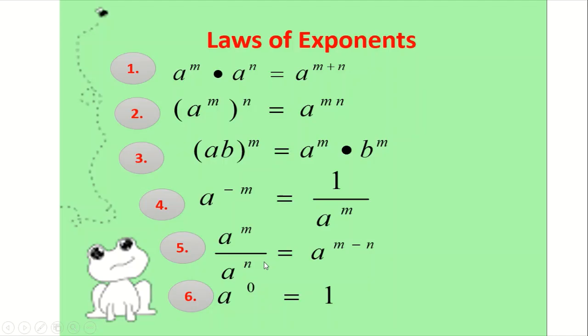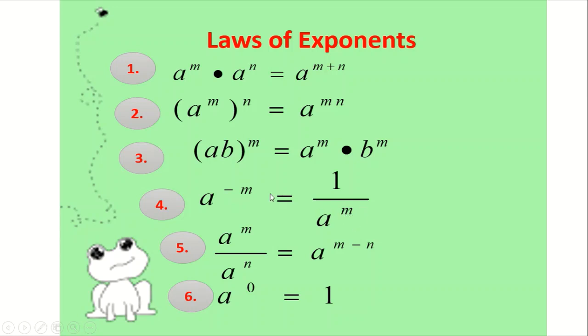Alright? So to sum it up, ito yung mga laws of exponent natin. Sa product law, all you have to do is to add the exponent. And then sa power law, meron tayong dalawa. Yung una is we multiply the exponent. Pangalawa is we distribute the exponent sa mga terms doon sa loob ng parentheses. And then sa negative exponent, ang gagawin nyo naman is get the reciprocal. Okay?